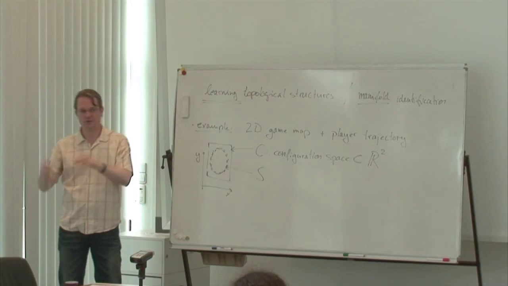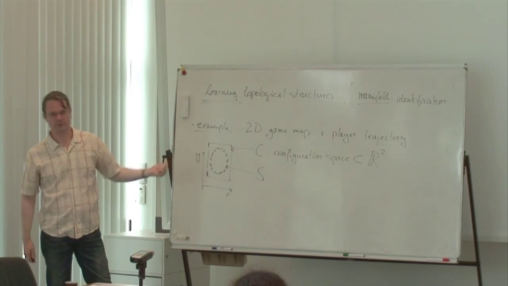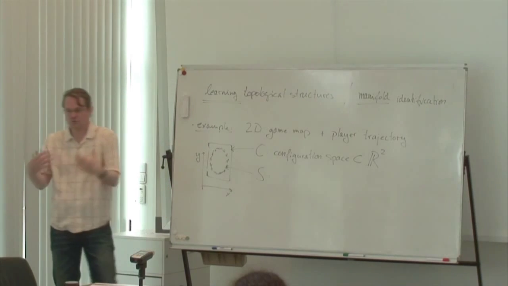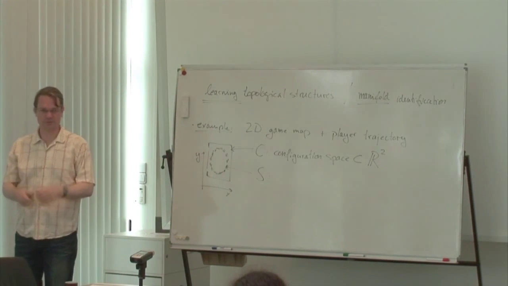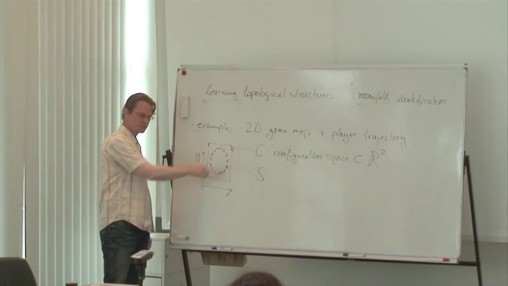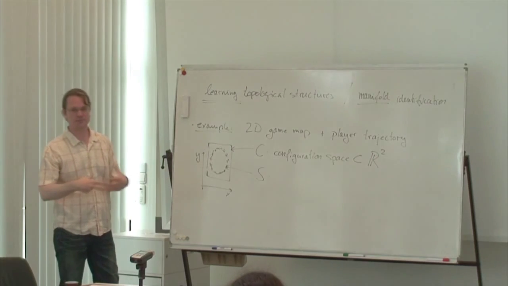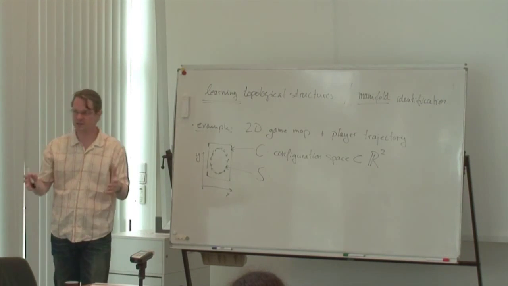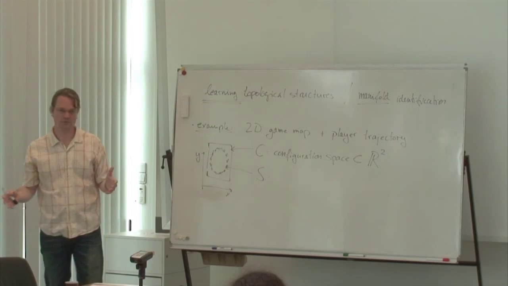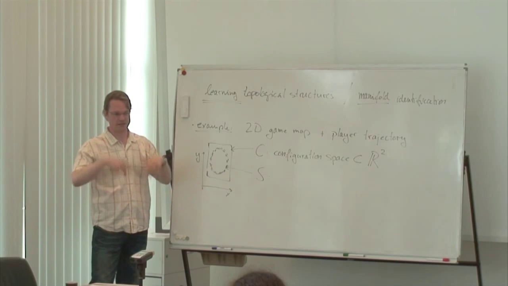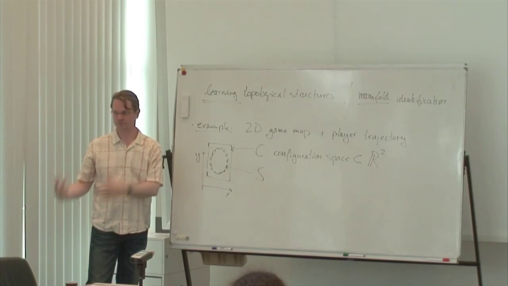And every possible location would be a configuration. But this player did not assume any possible configuration, but sort of constrained his movement to a certain subset of the configuration space, which is exactly the same as with tic-tac-toe. Right, where we saw that valid game states are a subset of the configuration space.